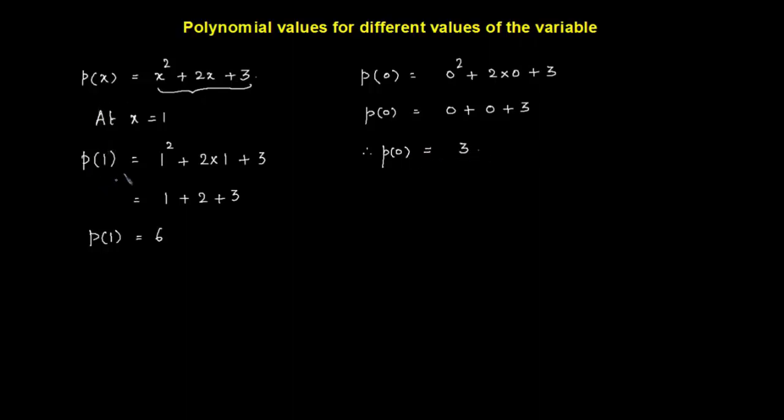Therefore, P of 1 and P of 0 are the values of the polynomial x square plus 2x plus 3 at x is equal to 1 and at x is equal to 0. So these are the values of the polynomial for different values of x.